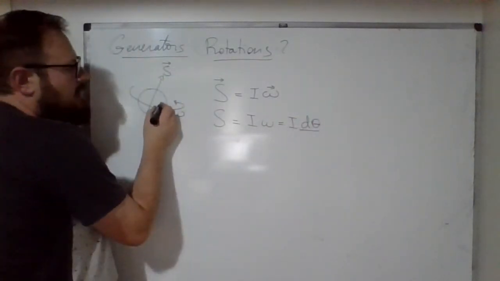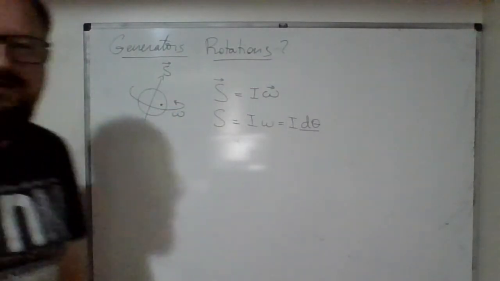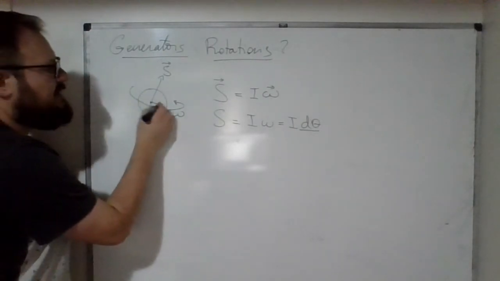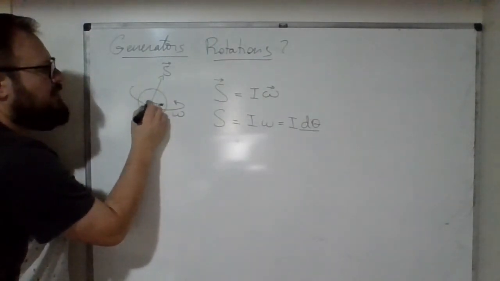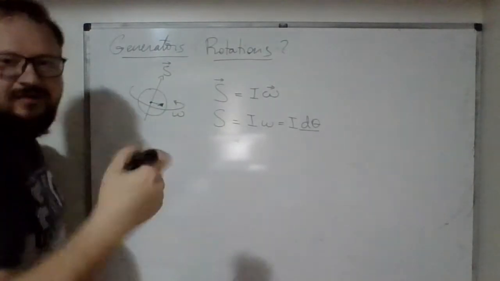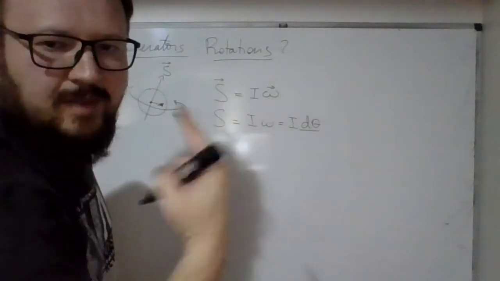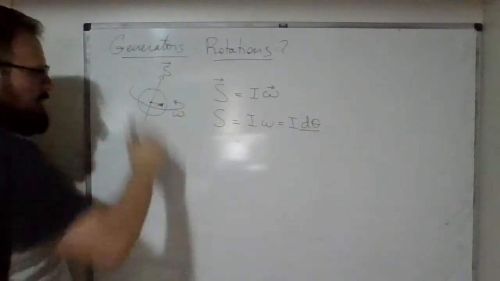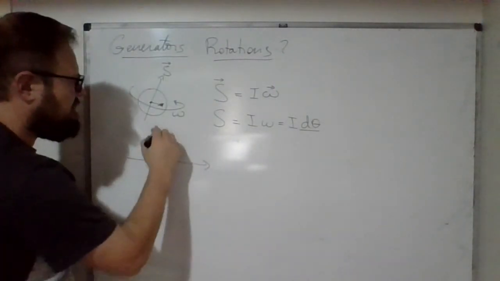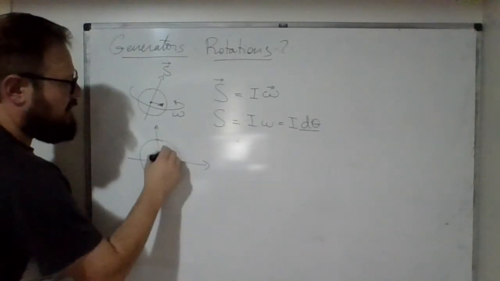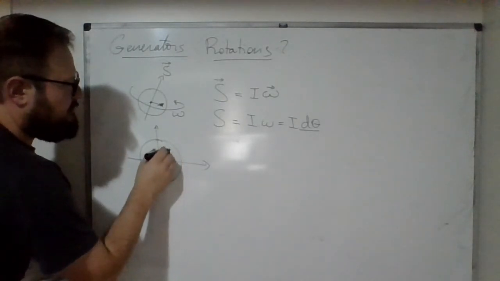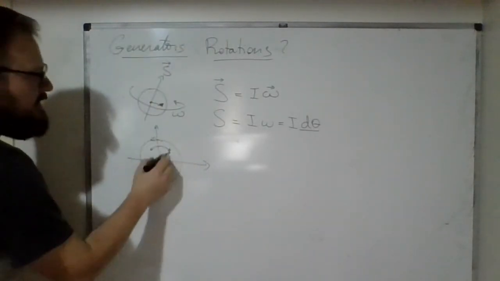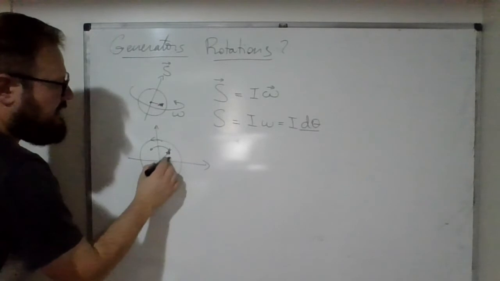If you put a mark on the surface of the sphere, this mark will rotate. You can assign a vector from the origin to the mark, and this vector will rotate with the mark. Looking from above, the sphere is rotating and the mark is here, so this object changes angle.